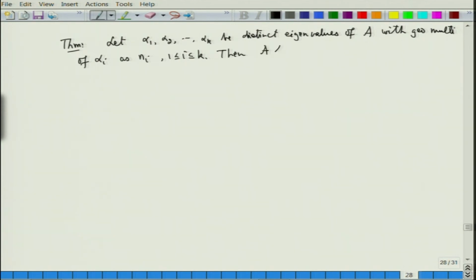Then A has summation I equal to 1 to k of n I linearly independent eigenvectors.